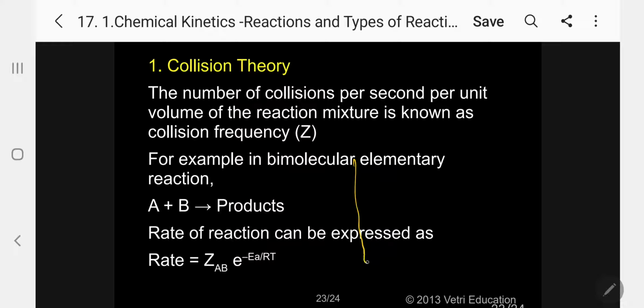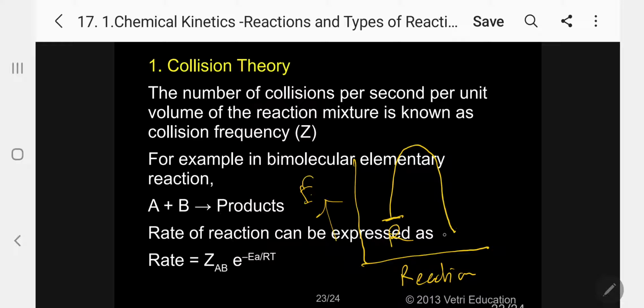Let me take a simple example. This is the energy axis, and this is the reaction coordinate. This is the reactant, this is the product, and this is the transition state.